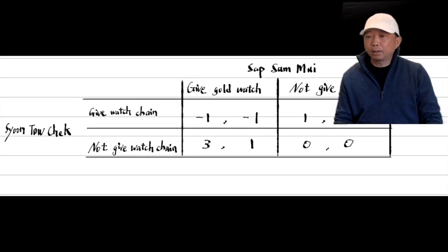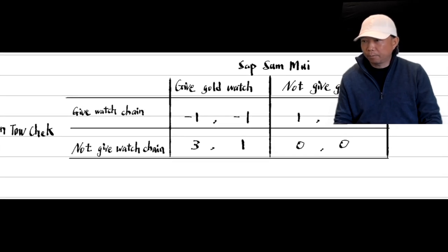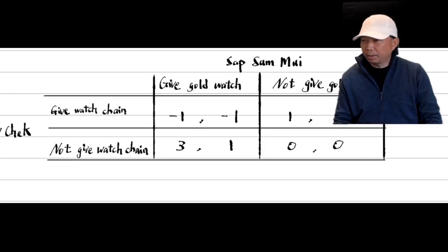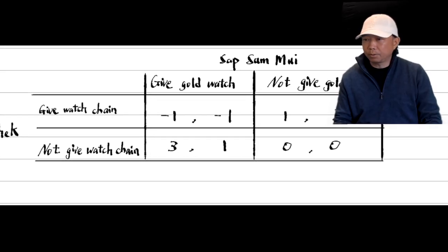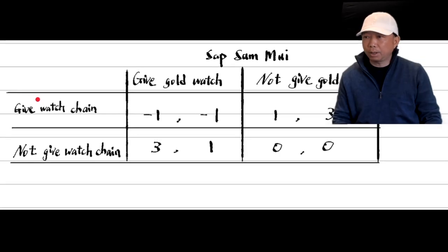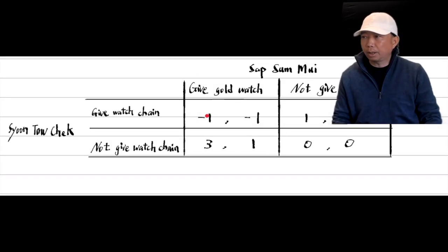Suppose giving a gift brings an emotional value of +5. We add +5 to the corresponding payoffs for both sides. If 船頭尺 gives the watch chain and 13枚 also gives the gold watch, then even though the gifts lose their practical use, 船頭尺's payoff rises from -1 to 4.